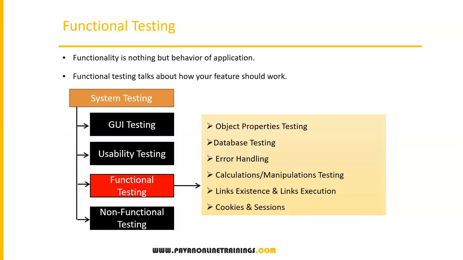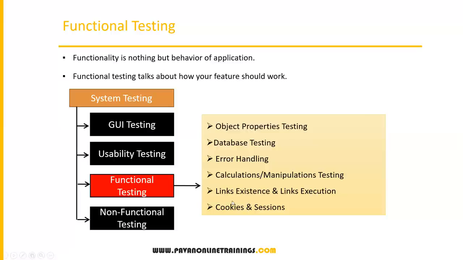But here, what you are verifying is link existence, whether the links are placed or not, first of all. And if the links are placed, then whether those links are working fine, executing or not, while clicking on the link, whether it provides the next page or not. That we are going to verify as part of this testing.